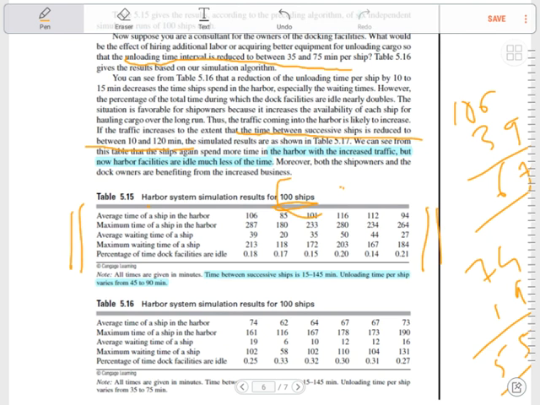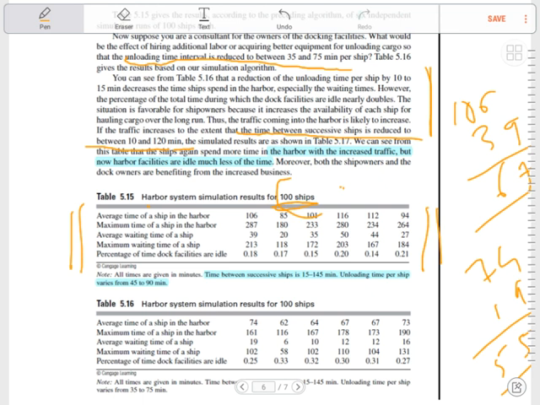Now, as I said, we can modify the algorithm to some extent depending on the needs of the harbor and the ship owners. So let us see a few examples. From Table 5.16 we can see the reduction of the unloading time.